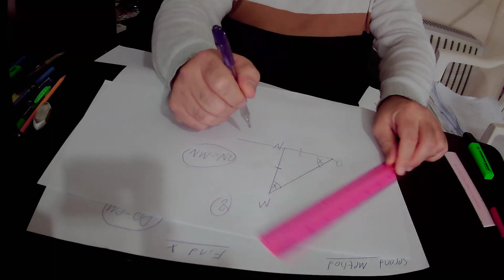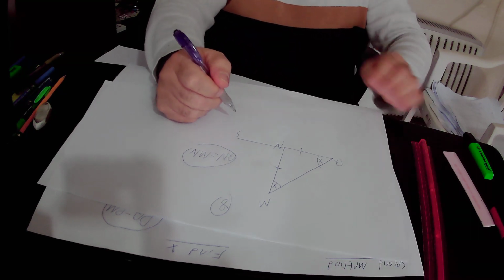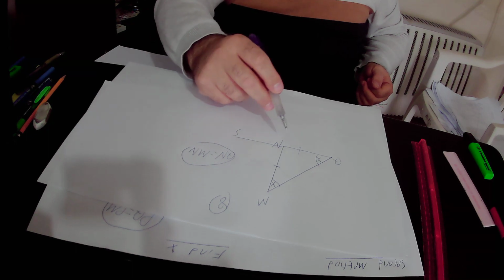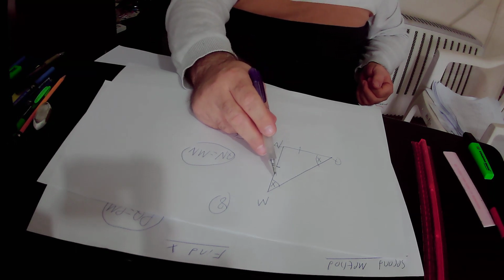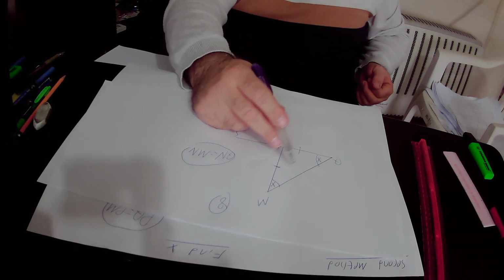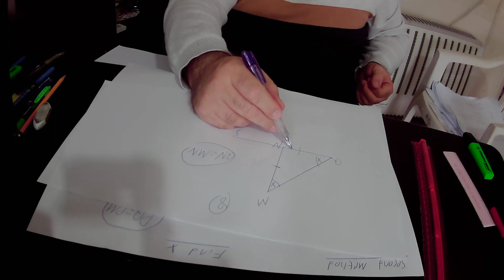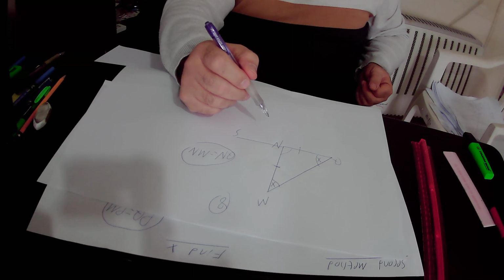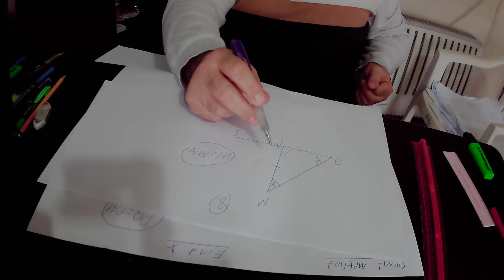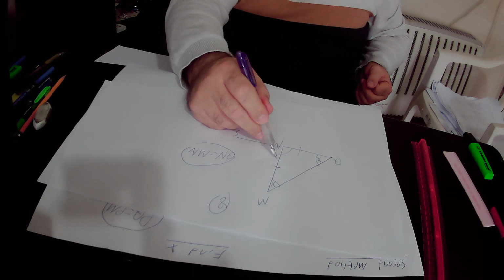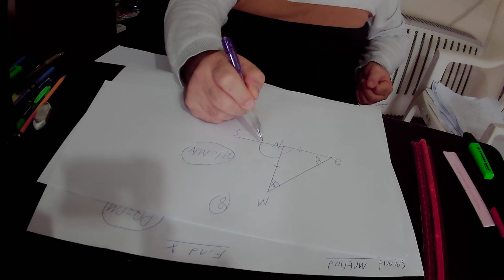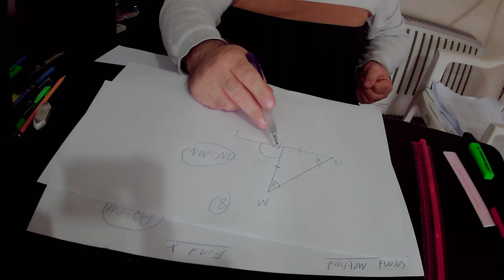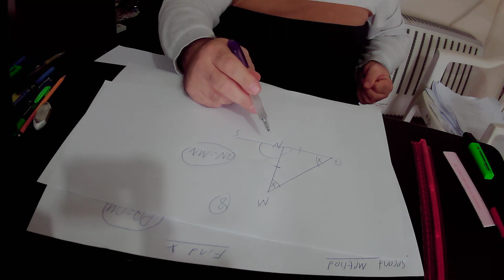And this point is point S. So in triangle QMN, we have three interior angles. Those two angles are interior angles, and this angle is also an interior angle. Angle MNS is defined as the exterior angle of triangle QMN because it is located outside triangle QMN.